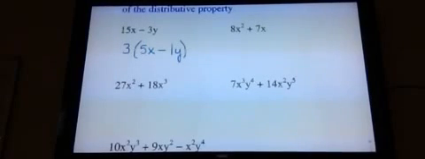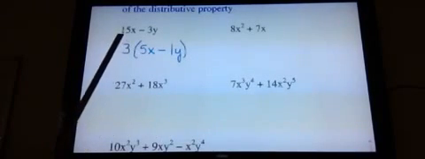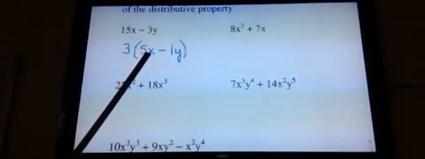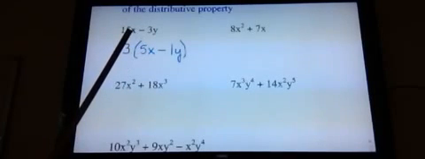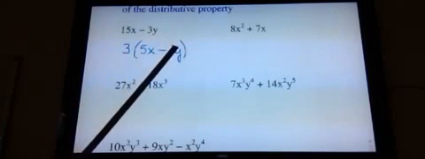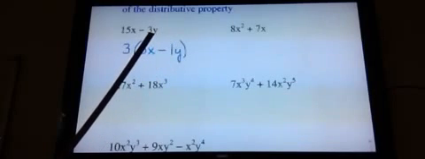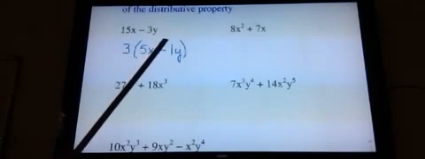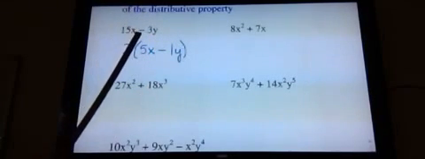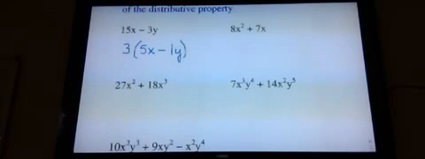When you do a question like this, there are two things you should do now. One, not necessarily with paper and pencil, but at least mentally, distribute. 3 times 5x is 15x. 3 times minus 1y is minus 3y. So if you mentally check and get back what you started with, you're probably in good shape.